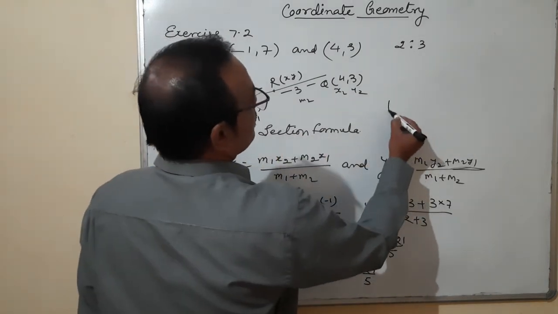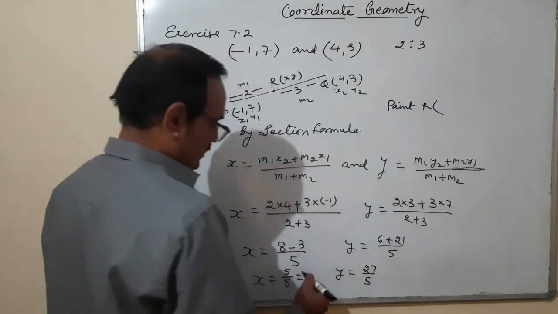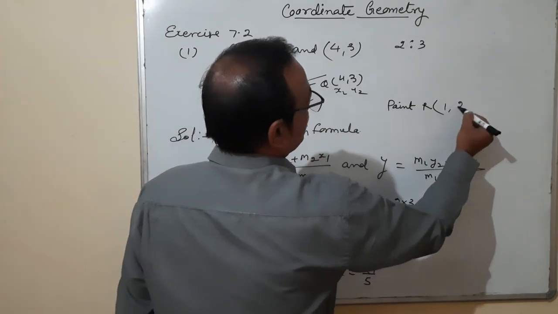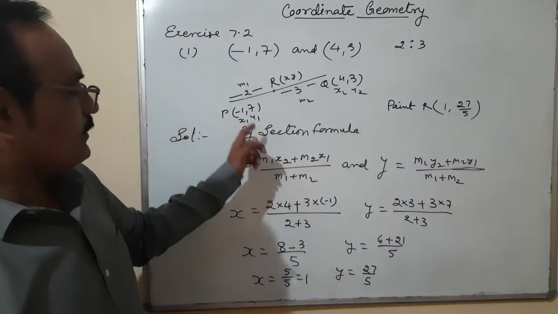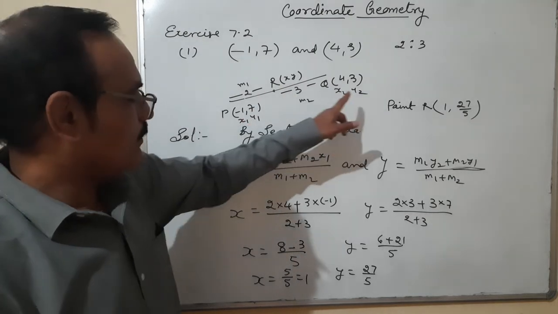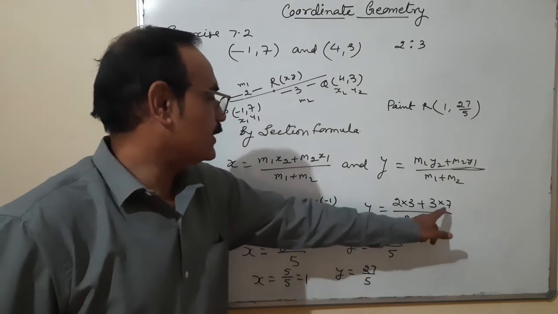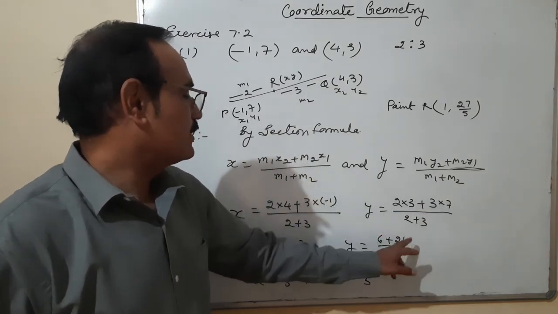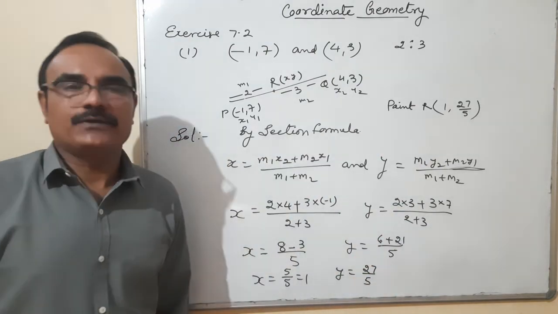Here y is 2 multiplied by 3 and 3 multiplied by 7: 6, 21 plus 6, 27. So these are the points.